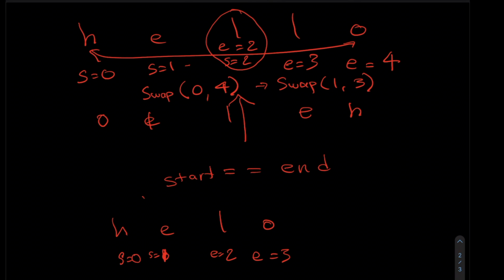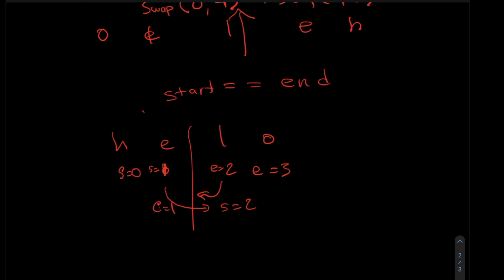And now the next place that E moves to and the next place that start moves to is this. They're never going to be equal to each other here. In fact, if your criteria was that start equals end and that's when you finish, your while loop will continue forever.